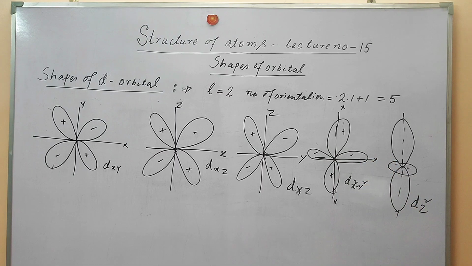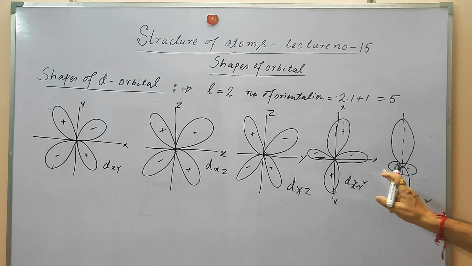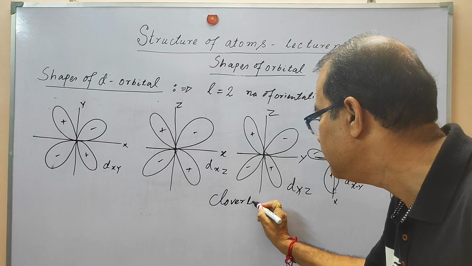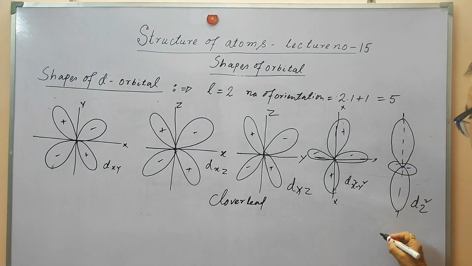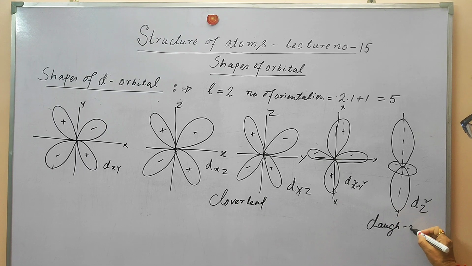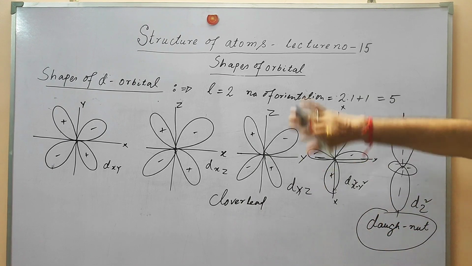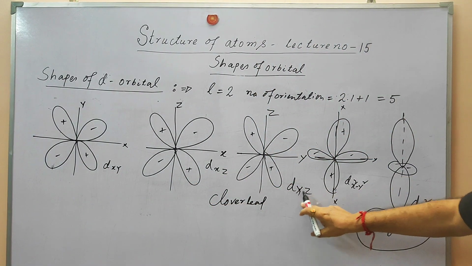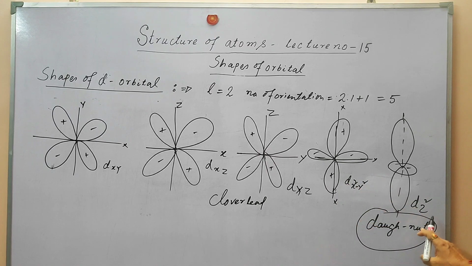So you can see there is a difference, and these four orbitals are called clover leaf. And this orbital is called the donut. This is the donut and these are clover leaf type. And these orbitals are dxy, dyz, dxz and dx square minus y square, and the donut is different from all these four.